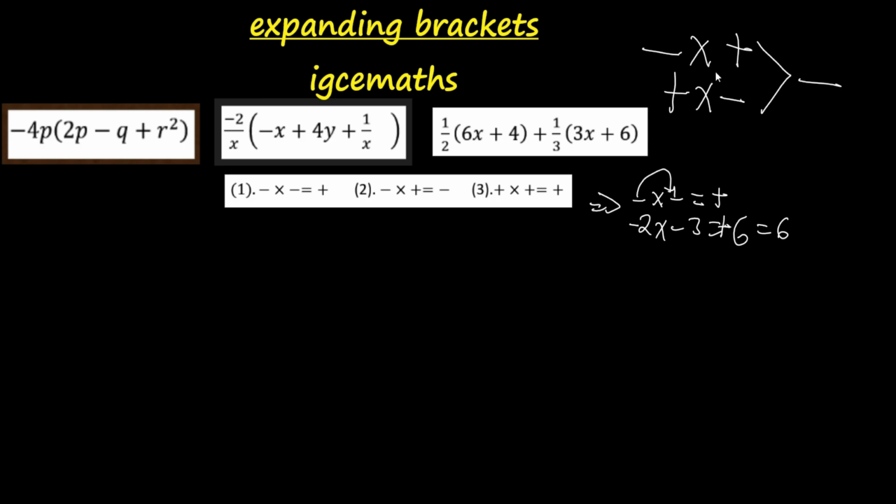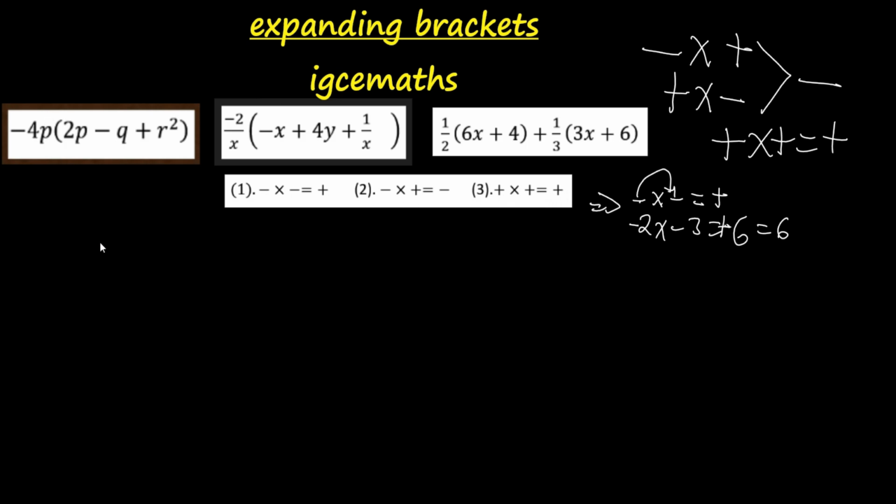And finally, whenever a positive number multiplies another positive number, the resulting symbol in front of that number will be positive. So we have to take note of these: negative times negative will be positive, negative times positive will be negative, and positive times positive will be positive.